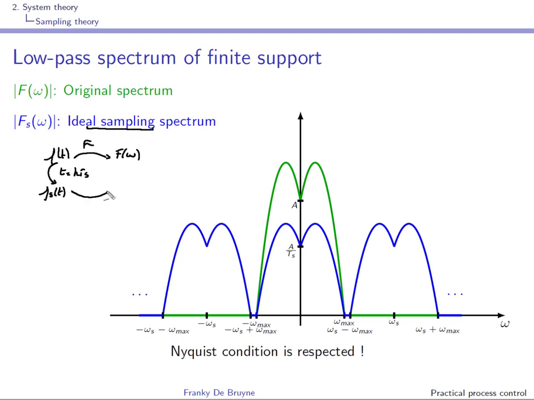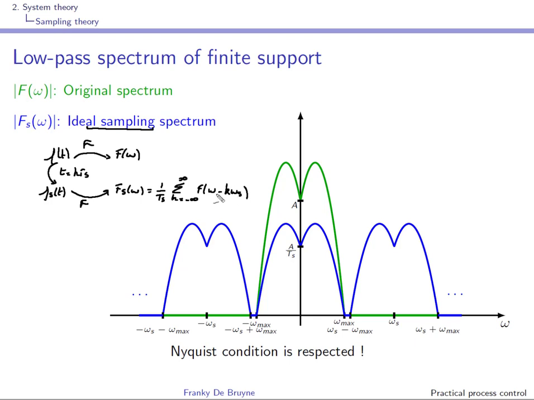If you take the Fourier transform of this sampled signal, you obtain Fs(omega), and this Fourier transform can be computed from the original Fourier transform as follows: 1 over Ts, the sum, where k ranges from minus infinity to infinity, of shifted versions of the original Fourier transform.